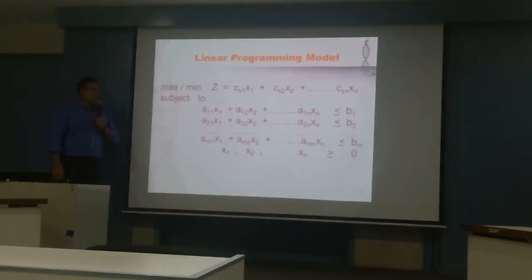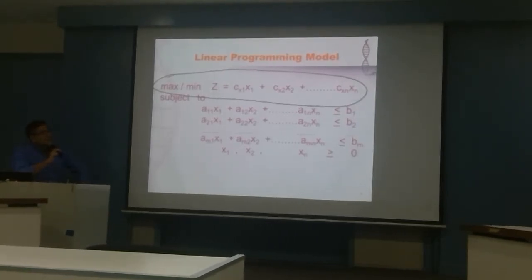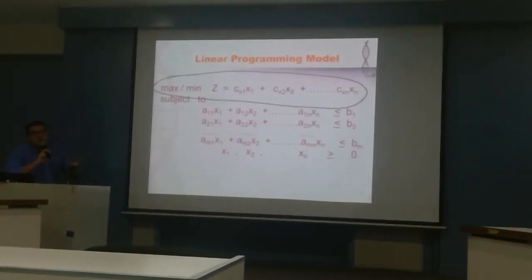This is a linear programming model, or the general form of linear programming. You can see that actually we have 2 parts. The first one, drawing the circle around it, is called the objective function. The objective function is the function where you specify your objective for that problem.